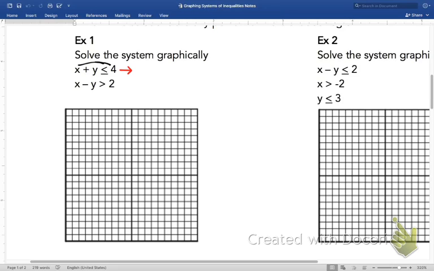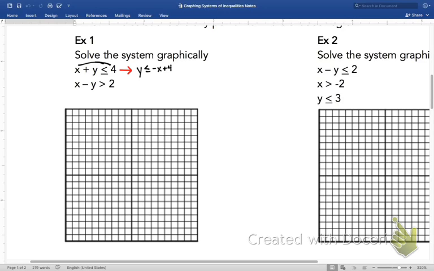Whenever I do, I'm going to have y less than or equal to negative x plus 4. So I'm going to go ahead and graph that. I'm going to do one thing at a time and then kind of figure out where I'm at, okay, as far as my solution is concerned.